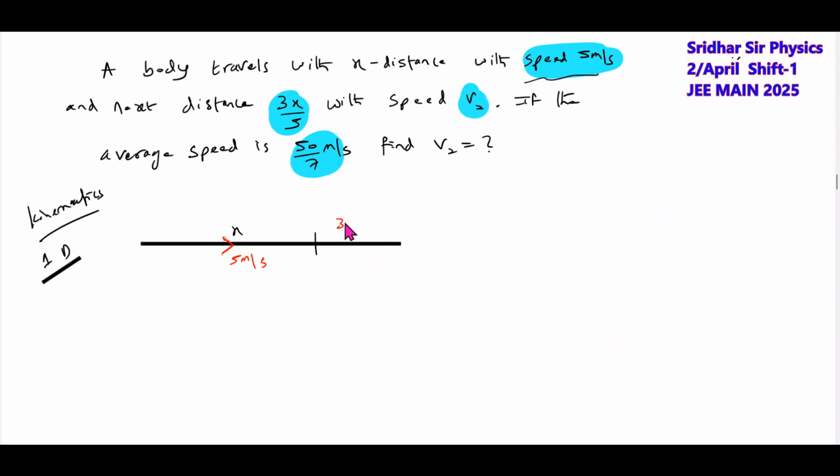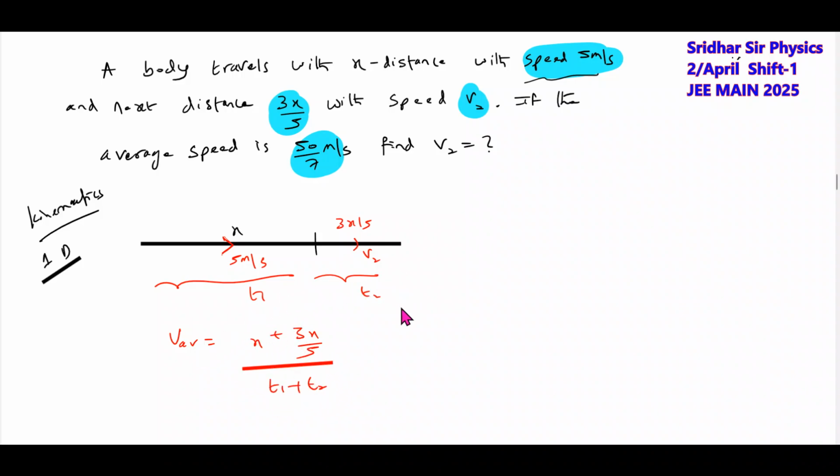Next distance 3x by 5 with a speed v2. Definitely it will take some time t1, t2. How do you define average speed? Total distance covered by total time taken.